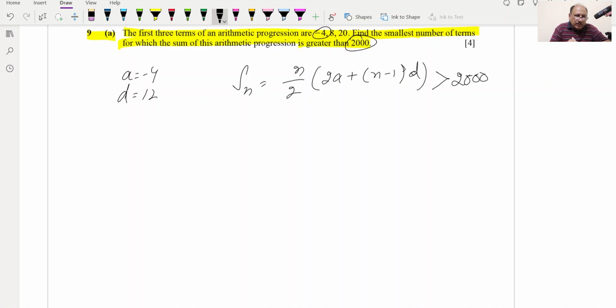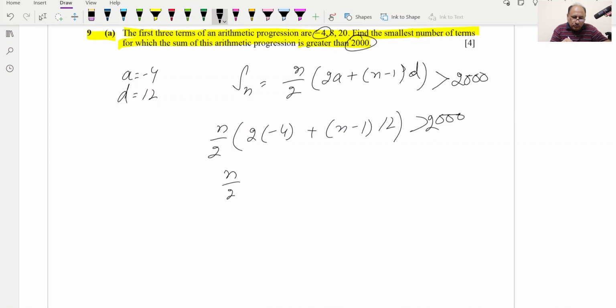We will replace the values: n over 2, into 2 into the a value, which is -4, plus n minus 1 into d, which is 12, and this should be greater than 2000. Now we will multiply this out.